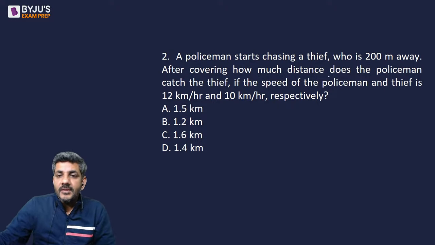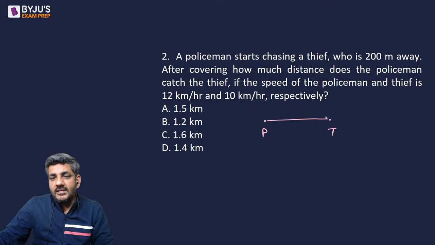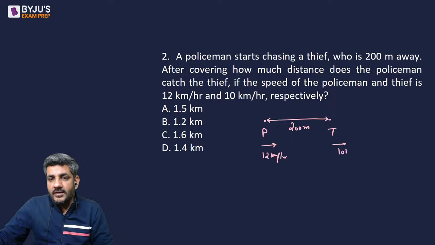He says that the policeman has to catch the thief and the thief is 200 meters away. So let us say the policeman is here, the thief is here. Currently the distance between the policeman and the thief is 200 meters. Now he says that the policeman is running at a speed of 12 kilometer per hour and the thief is running at a speed of 10 kilometer per hour.